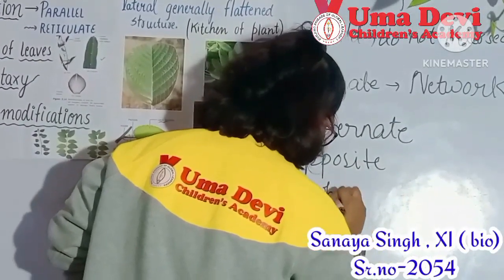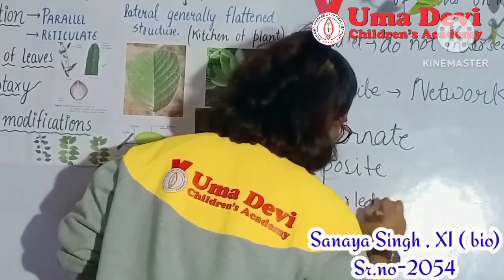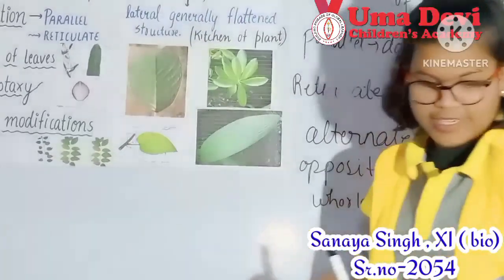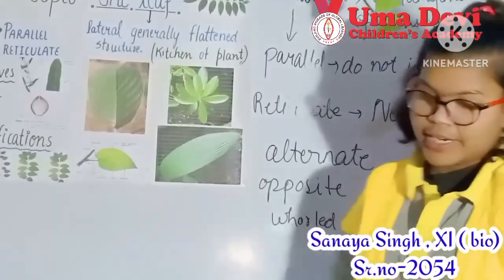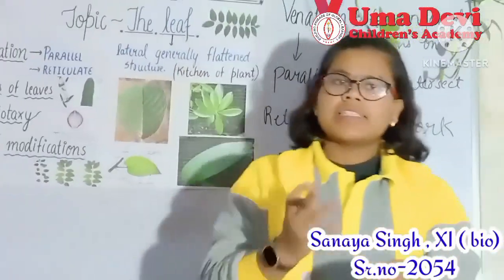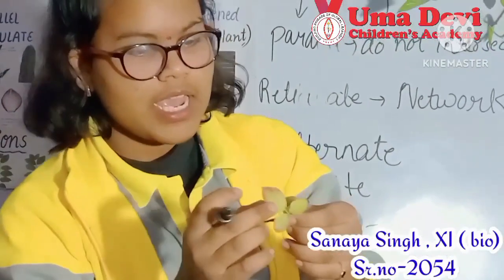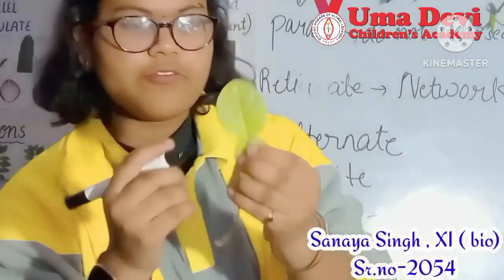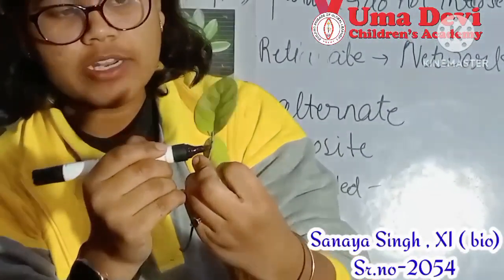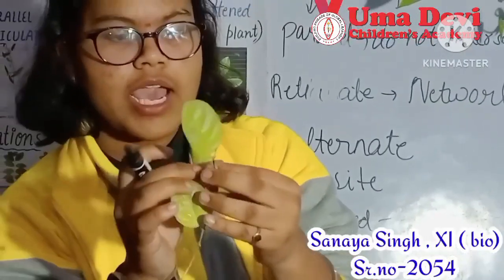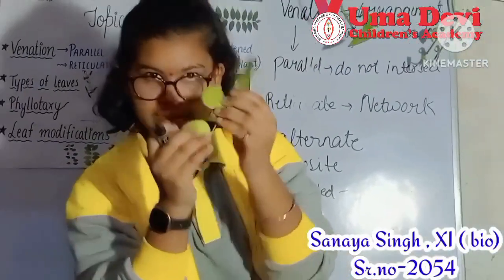Let us know this with a very simple example. First of all, the alternate. What is alternate? Like we say in assembly, going one by one. Similarly, this means alternate. See, a single leaf at a node. This is a node and a single leaf here, and then this leaf, then this leaf. So this is the alternate.